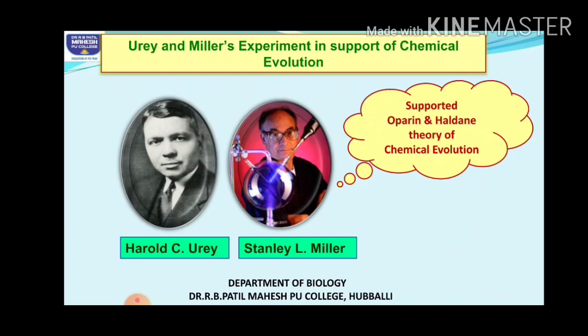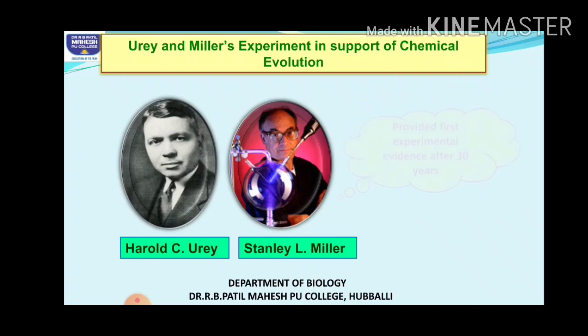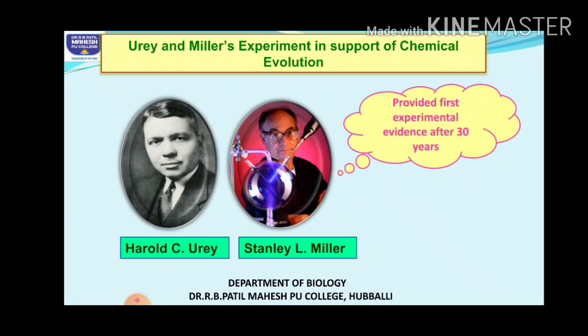So, after around 30 years of this chemical evolution theory given by Oparin and Haldane, the two scientists wondered about the kind of reactions that could have occurred in that reducing atmosphere, and they thought of testing that hypothesis.